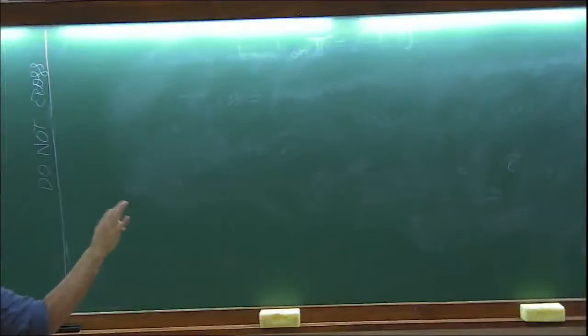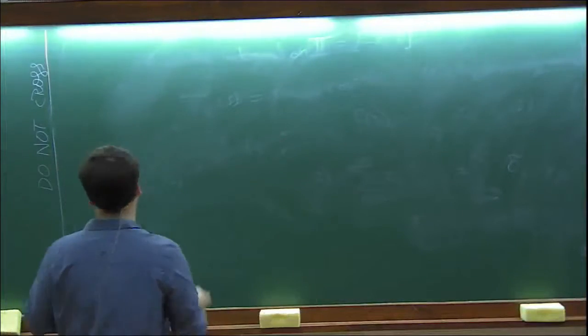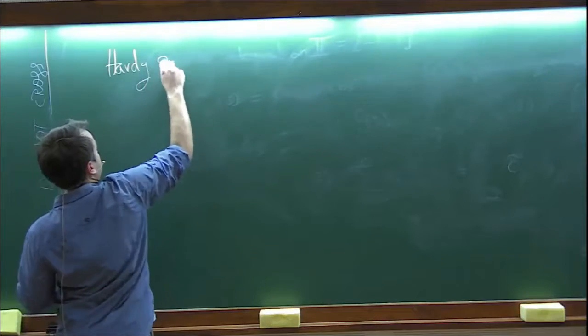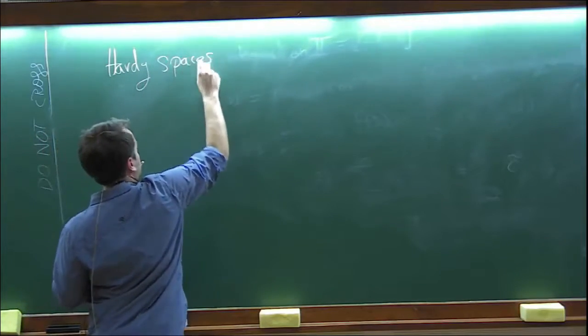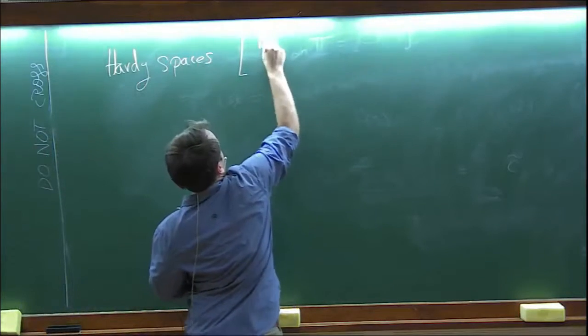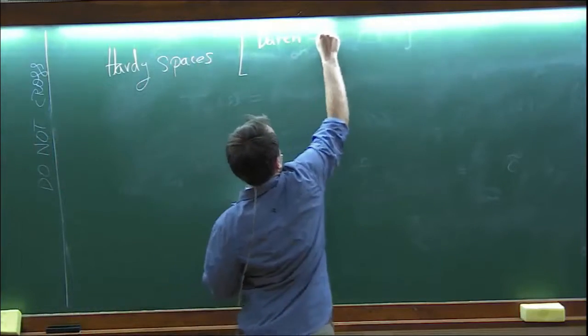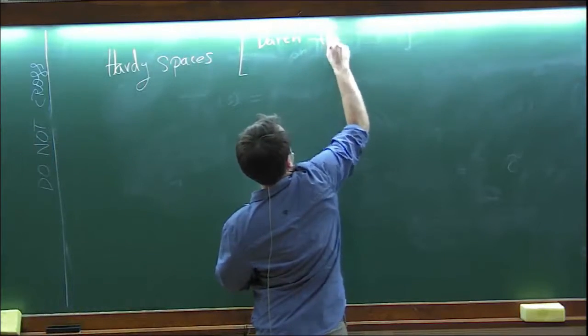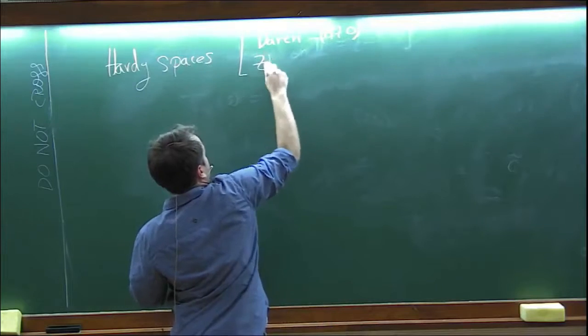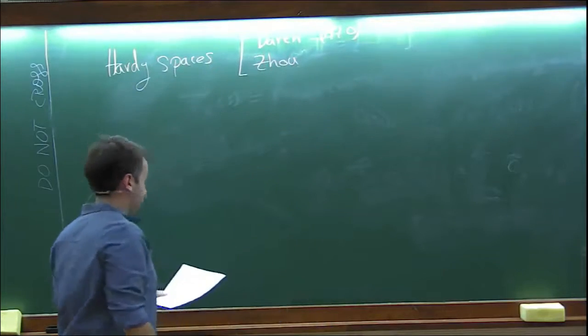So with that kind of in the back of our minds for what's going to be going on, we'll talk about Hardy spaces. And two references for this. There's Duren's book from 1970. And then there are also some lecture notes from Jin Zhou.